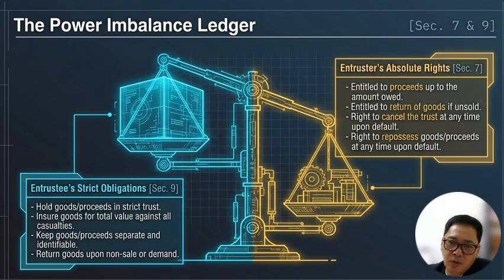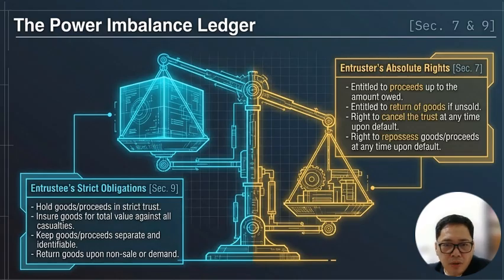The entrustee is required to insure the goods for their total value to protect against loss from fire, theft, pilferage, and other casualties. Segregate the property, whether holding the physical goods or the money from the sale. The entrustee must keep them entirely separate and capable of being clearly identified as the entrustor's property.